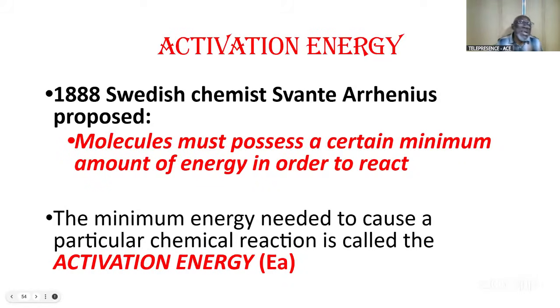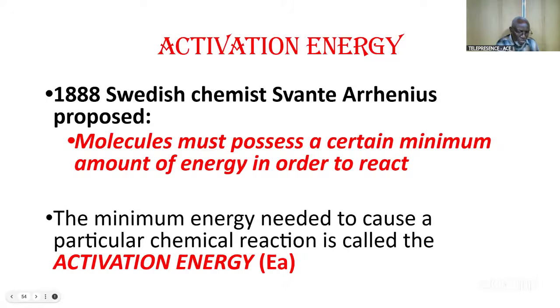So for two molecules to come together, when they collide, they must have what we call activation energy, energy that will initiate the reaction, that will cause bonds to form and bonds to be broken. This is what we call EA, the activation energy. That is the energy that molecules need in order for a reaction to take place.